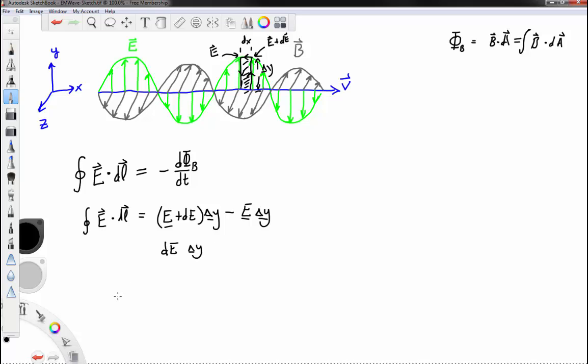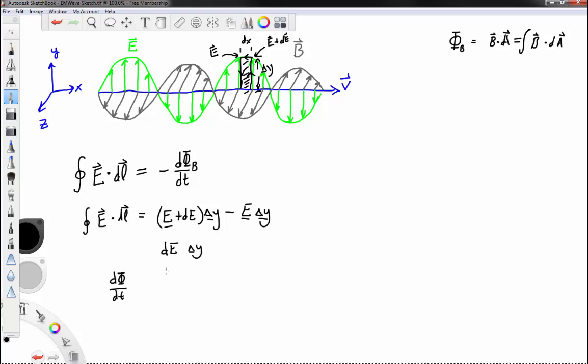Now let's look at the other part of it, which is d phi by dt. Well, d phi by dt is basically the derivative of the flux of this magnetic field through this area.